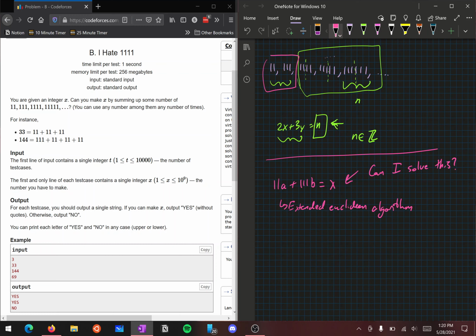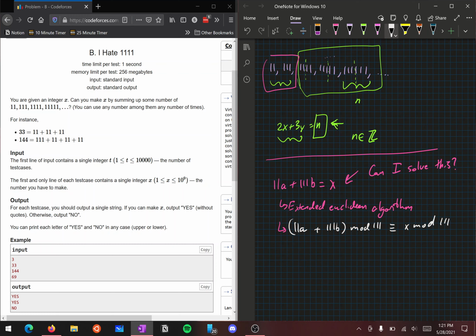Or, in the video by HealthyUG, which I'll put in the description, he says you can simplify this and not have to use the extended Euclidean algorithm; you can just take the modulo by 111, right? So you can say 11a plus 111b mod 111 is congruent to x mod 111.